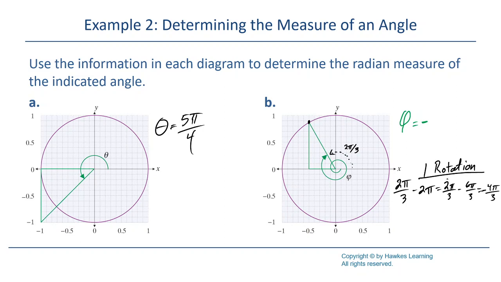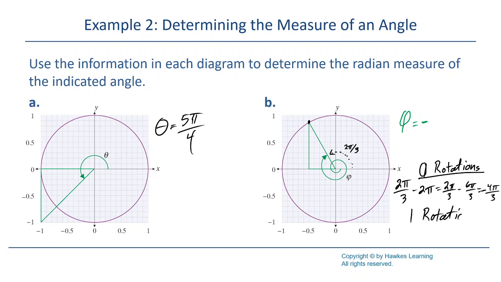Well, technically this is 0 rotations because this just got me into the negative. I know it's 2 pi over 3 this way, so if I subtract 2 pi, that gets me what the angle is coming from the other direction. So I need to do one full rotation after that.